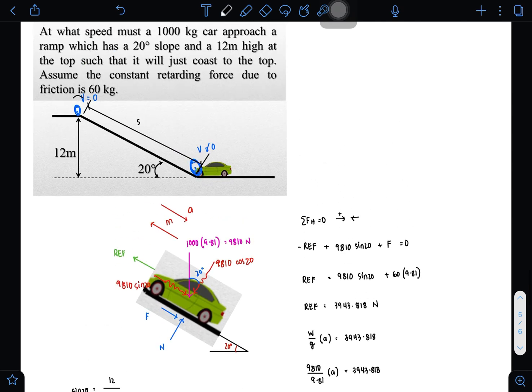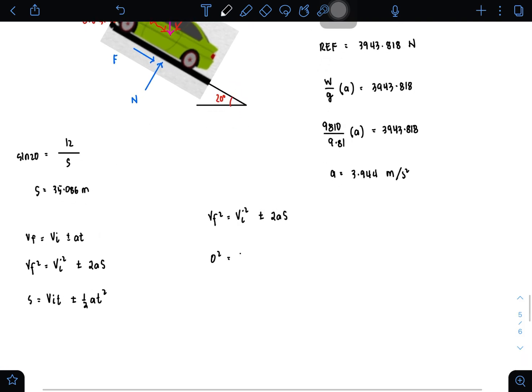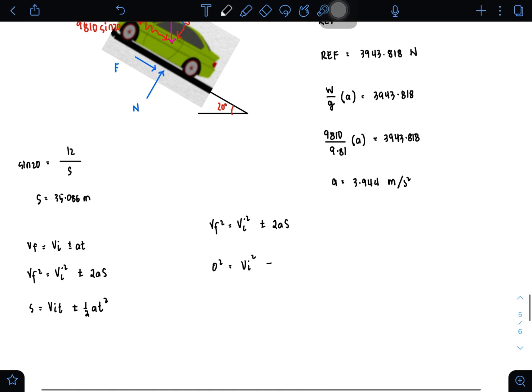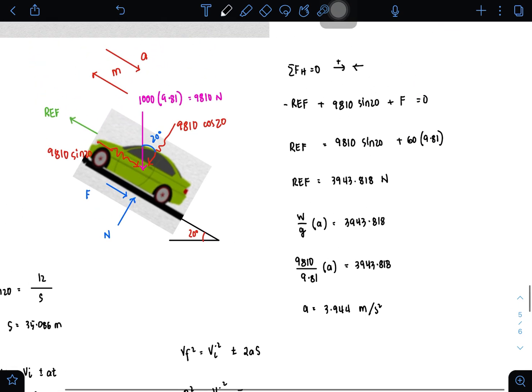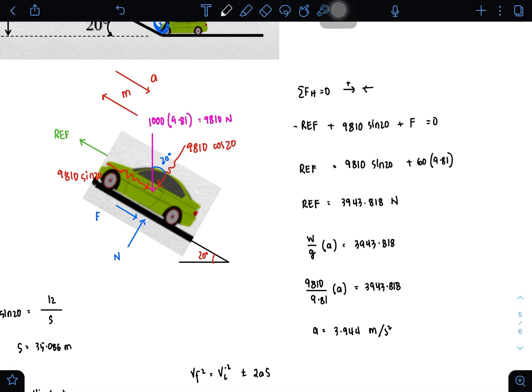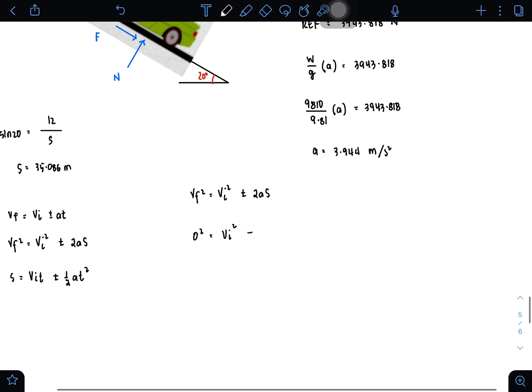Again, it just coasts to the top, therefore the final velocity is 0.